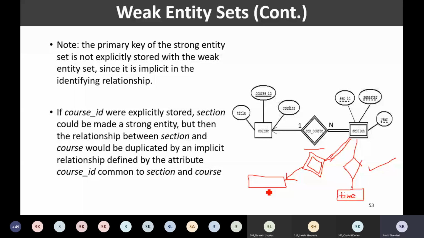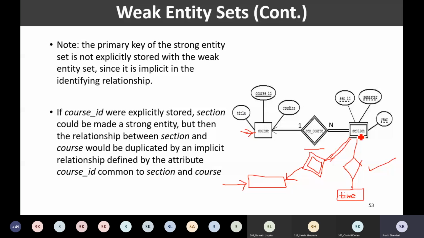So in that situation, the existence of the entity that is stored in the weak entity set depends upon two entities, one that belongs to this strong entity set and also another entity that belongs to another associated strong entity set. So in this situation, if I want to find out the primary key of the weak entity set, what will I do?